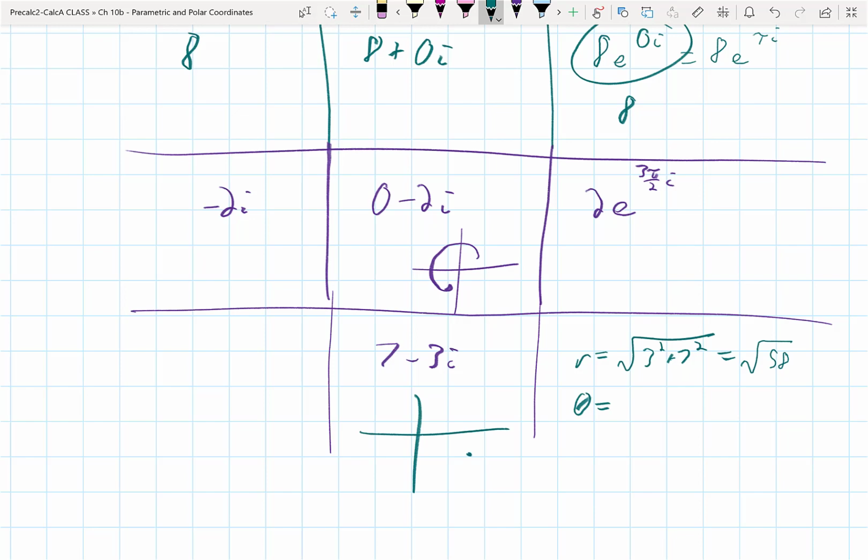It's right 7, down 3. So that's right here. Since arctangent outputs angles in quadrant 4, I would be okay with this. This is the arctangent of negative 3/7, because y is -3 and x is 7. So my polar form would be root 58 e to the arctangent of -3/7 i.